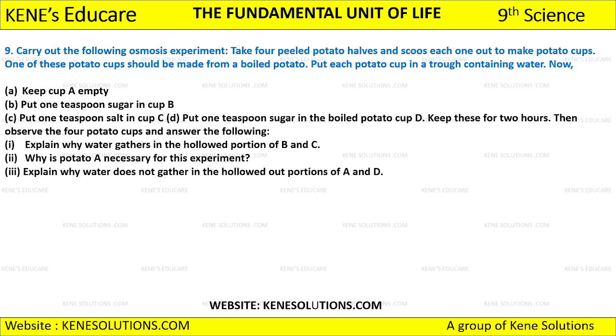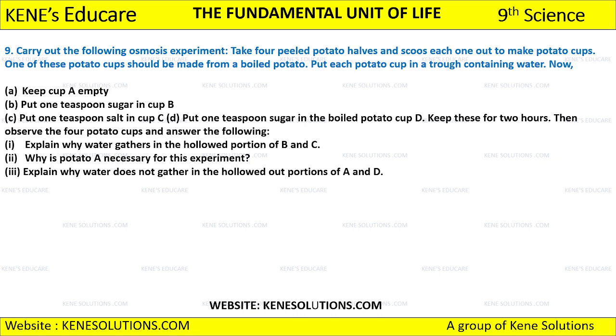Third one, explain why water does not gather in the hollowed out portions of A and D. Cup A does not show any change, as there is no difference in the water concentration for osmosis to occur, right? Because it requires one concentration to be higher than the other. And the cells in cup D are dead.